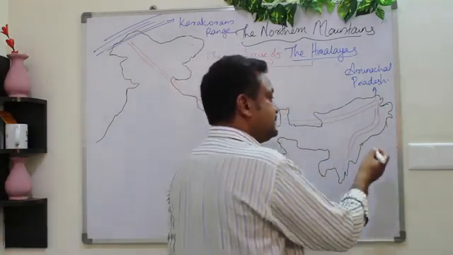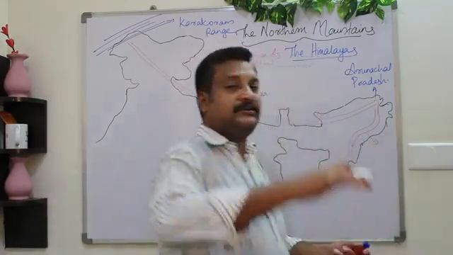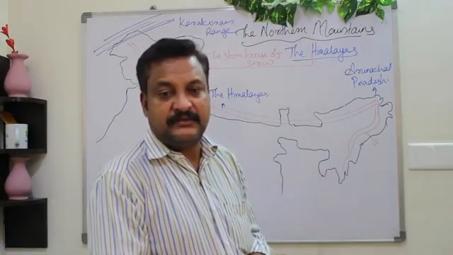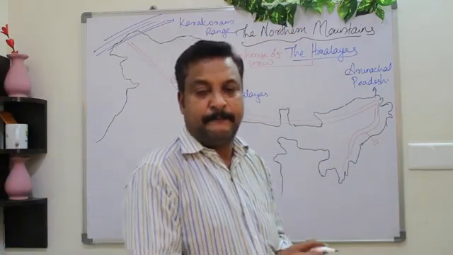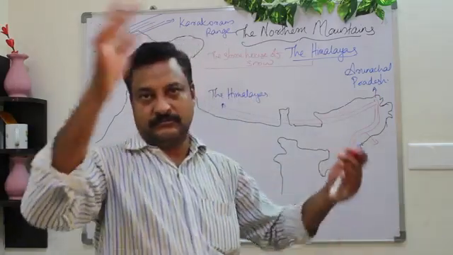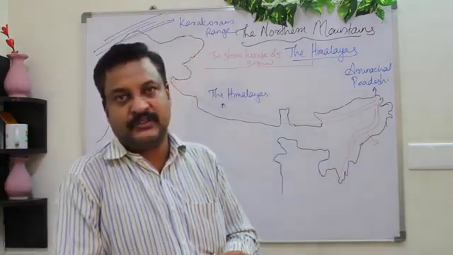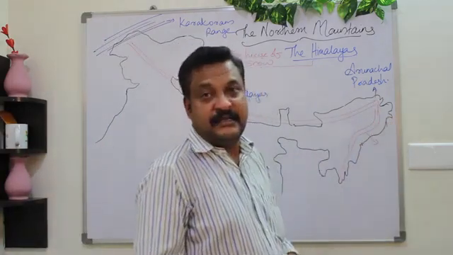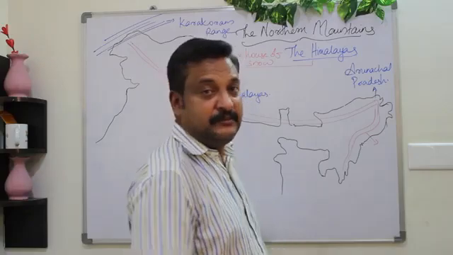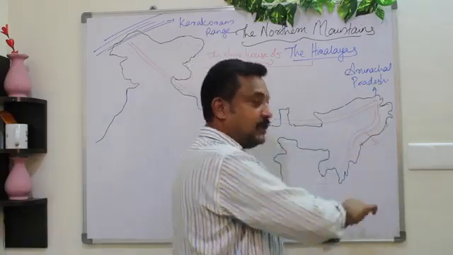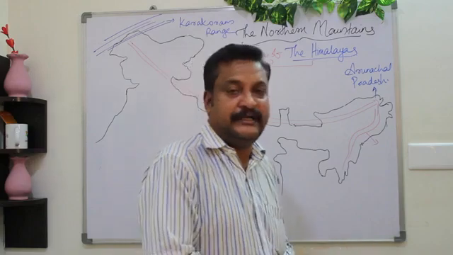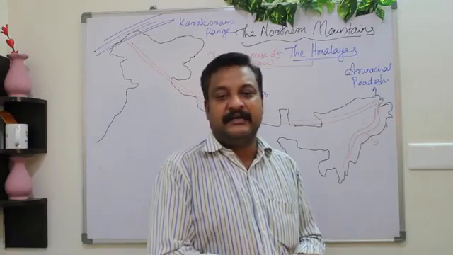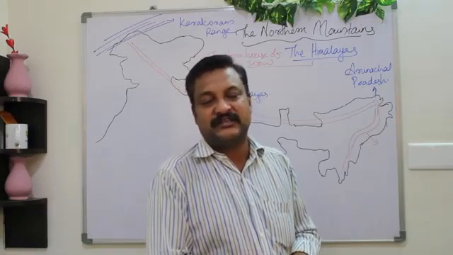Okay? So in this region, the height of the mountains is very short, just like a wall. Hills are there in the northeastern states. After reaching Arunachal Pradesh, the Himalayas take a bend down south and run through the states in India, and they are comparatively shorter in height, and they are usually known as northeastern hills.